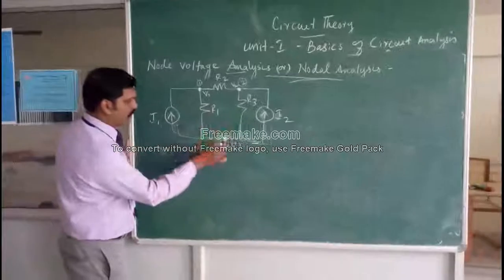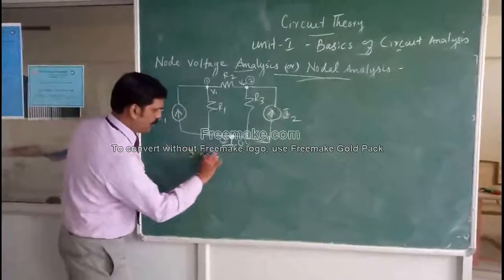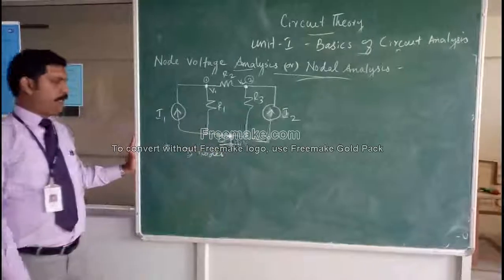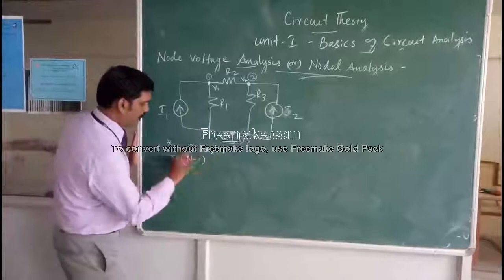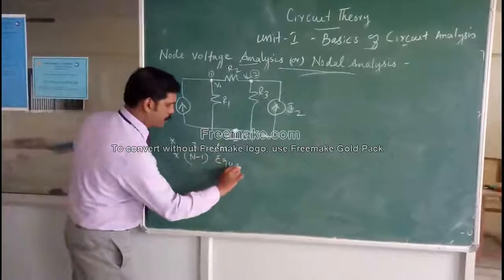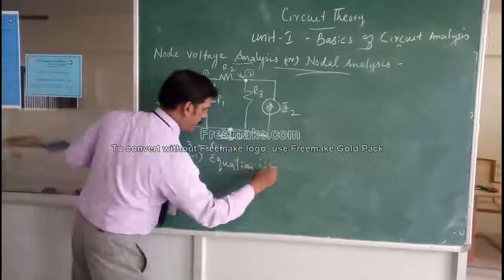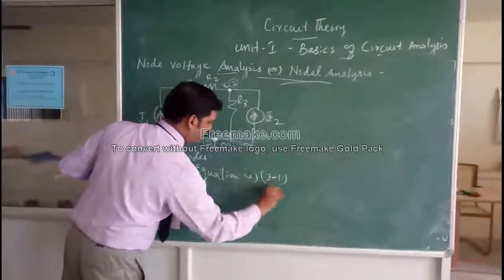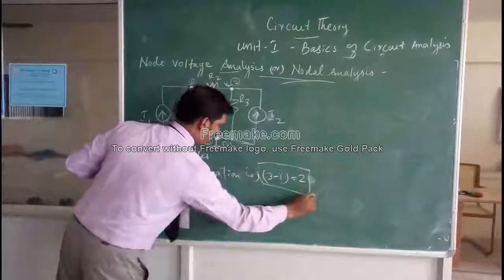The number of nodes including the reference node is 3. So we need n minus 1 equations, that is 3 minus 1, so 2 equations we are going to form.